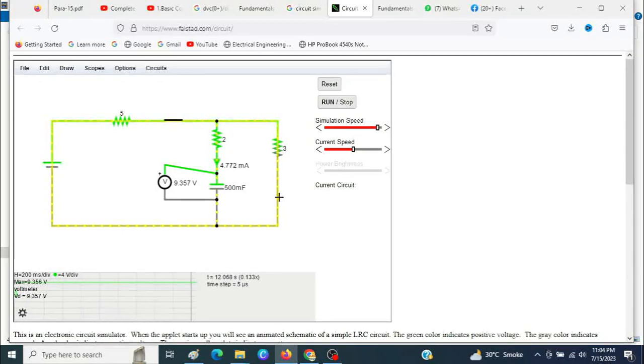You can see the current has reduced to a few milliamperes, almost going to 0.